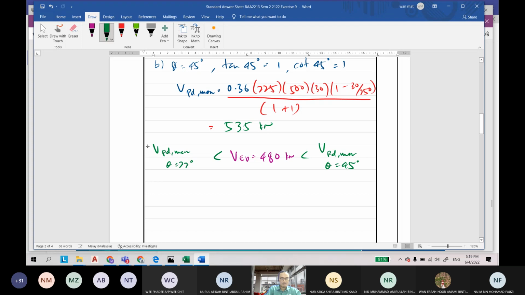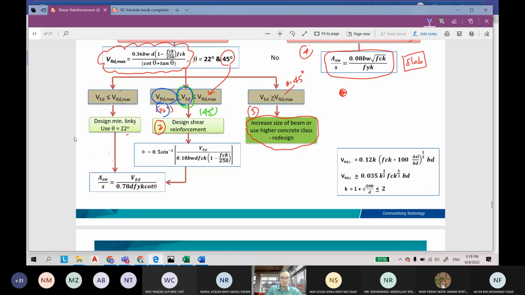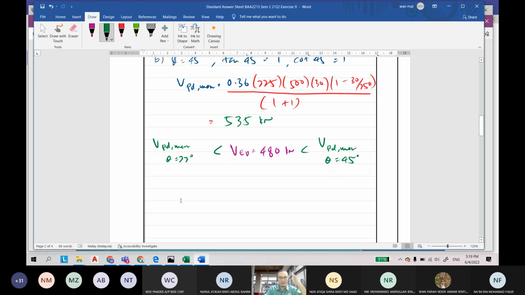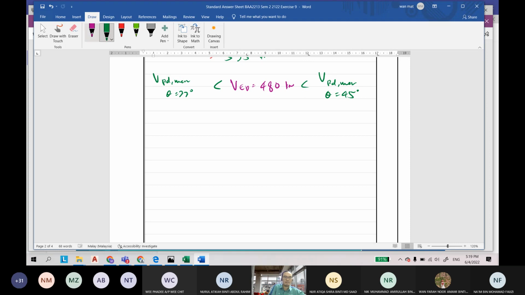Let's say this is number 1, this is number 2. So it goes to situation number 2. We must design shear reinforcement, but first we have to find the value of theta. This is the difference between example 8 and example 9.